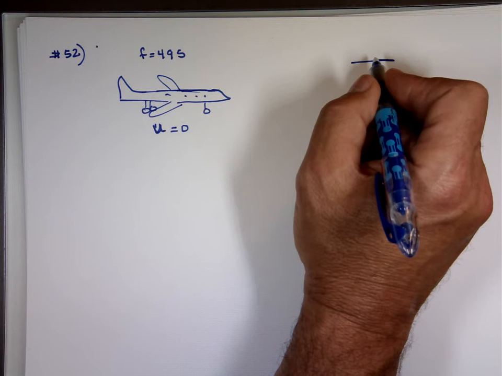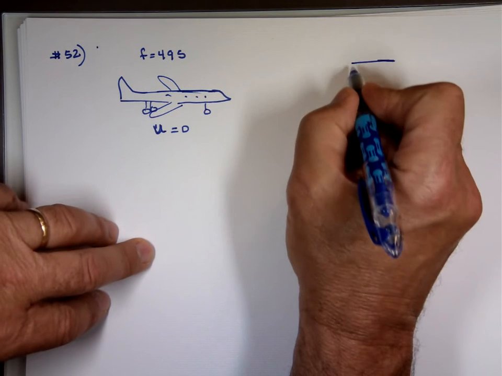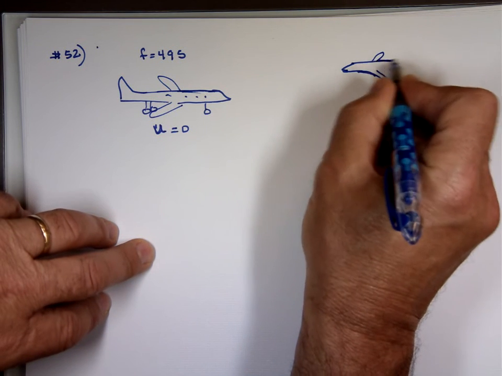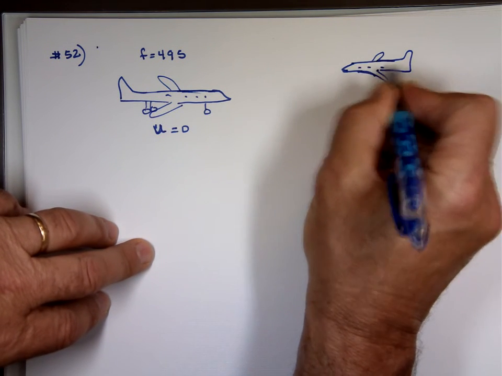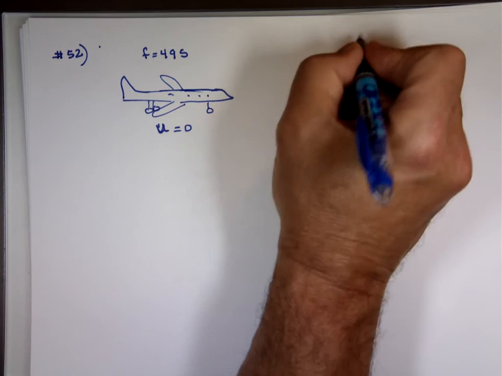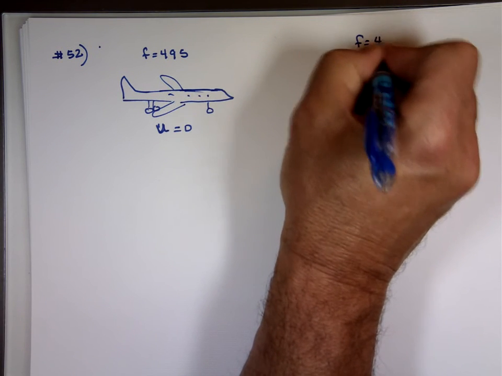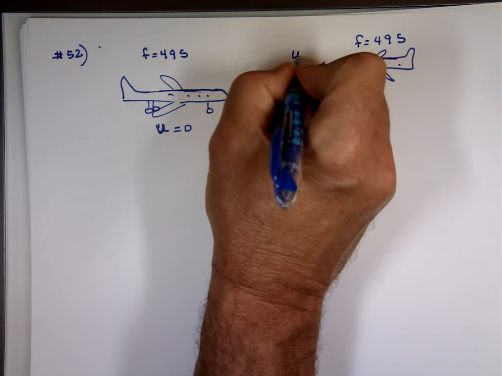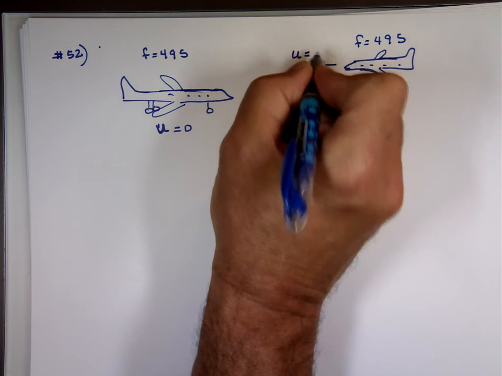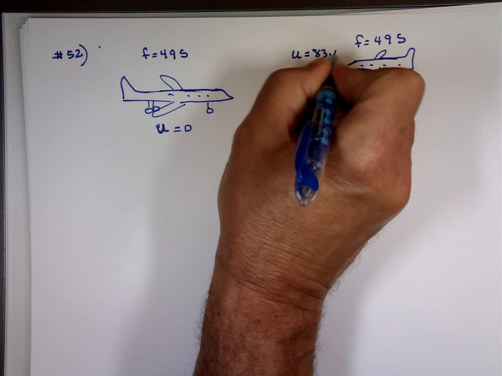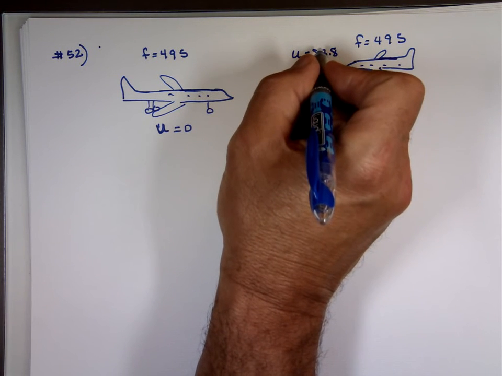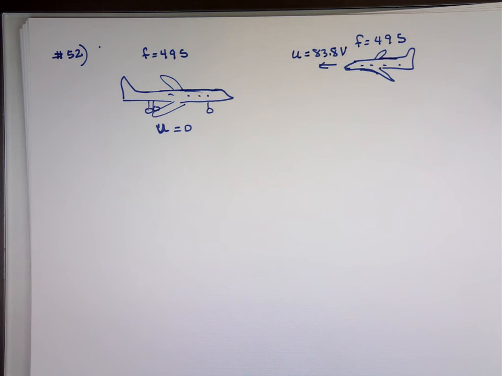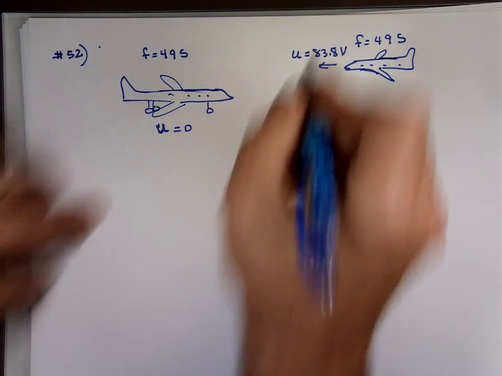So the moving jet, flying, also has a frequency of 495. This is an identical jet, but it has a speed here, which is 83.8% of the speed of sound. That's v. Well, 83.8 percent times the speed of sound.